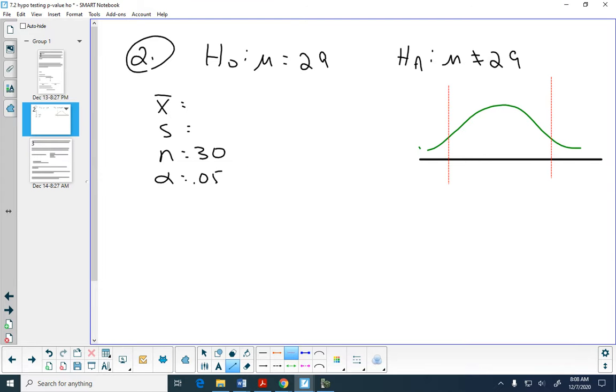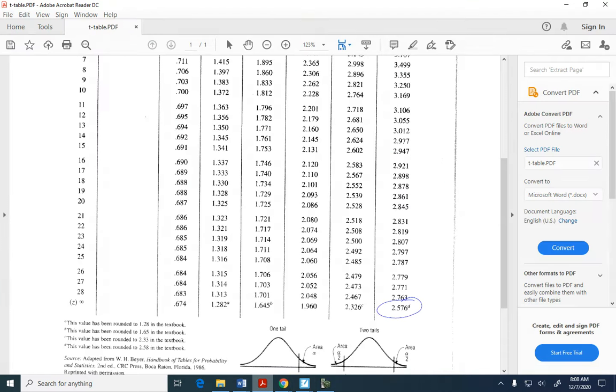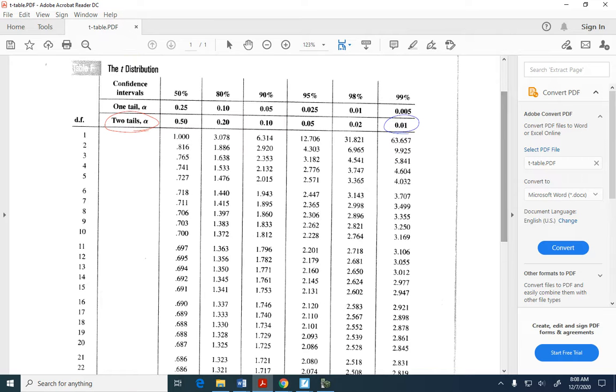The next thing we need to find is our critical values. So we go to our t-table. On our t-table, we have a two-tail test. We have two-tail and an alpha value of 0.05.